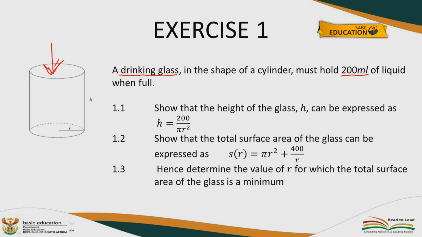And then hence determine the value of r for which the total surface area of the glass is a minimum. Since our surface area is a function of r, we need to know for which value of r the total surface area will be a minimum.